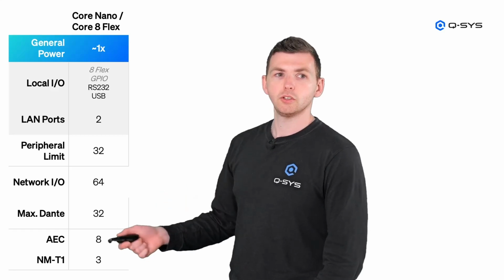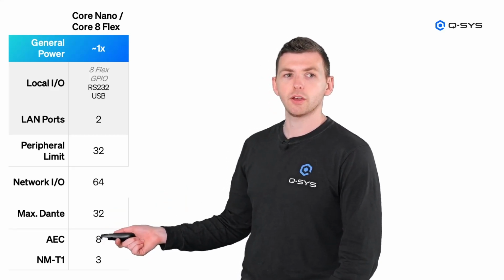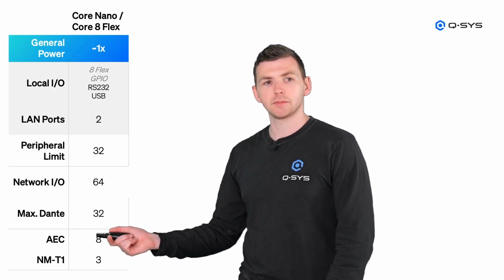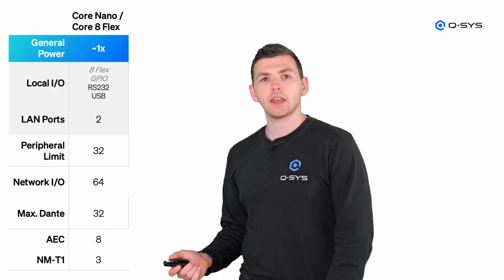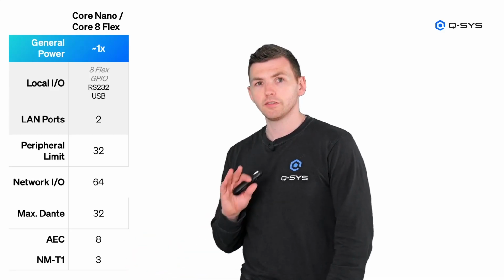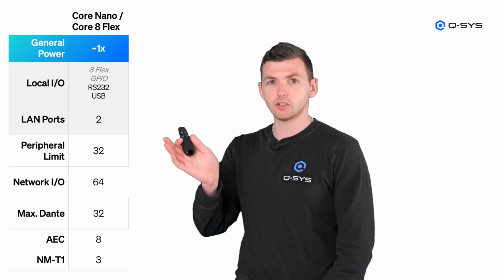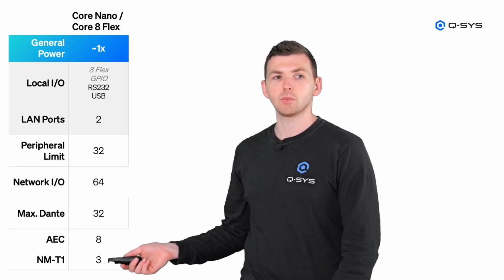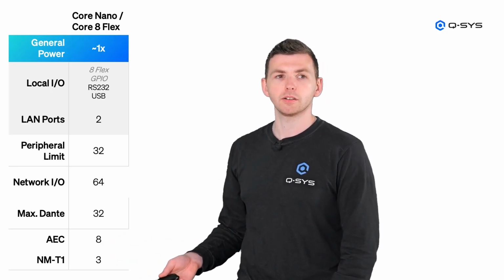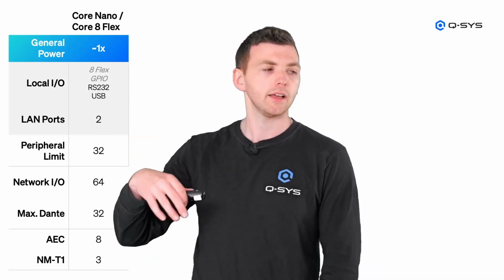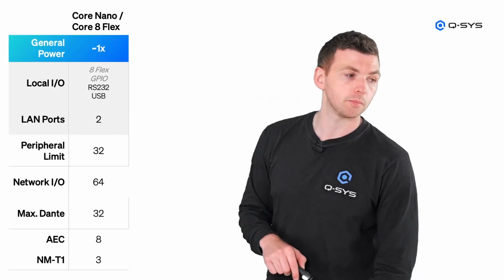You could do 8 channels of echo cancellation on those, and/or, because you can actually mix these, you can have 3 NMT1 microphones. Remember, each NMT1 has 4 channels, 4 90-degree beams. So actually 12 channels of NMT1 or 8 channels with third-party mics. We can basically squeeze a bit more out of the NMT1 because of course we control that end to end, including even the beam forming.